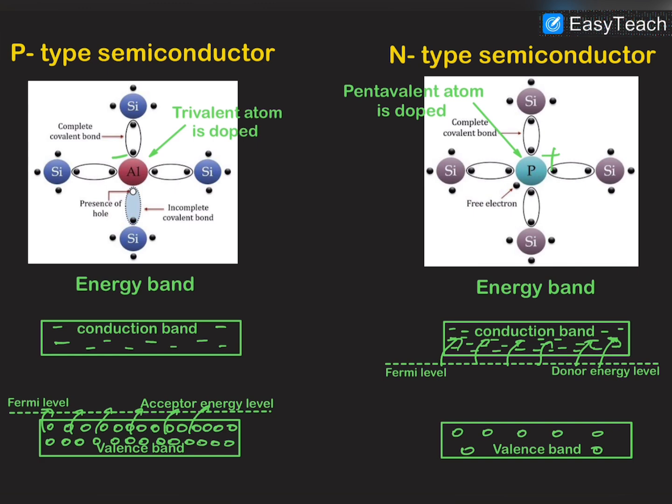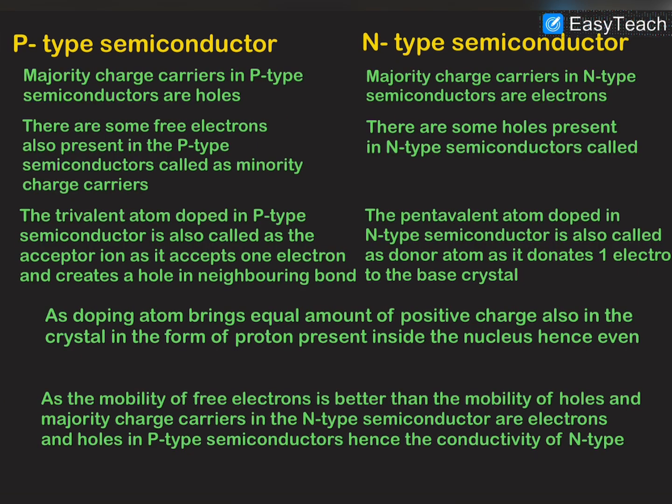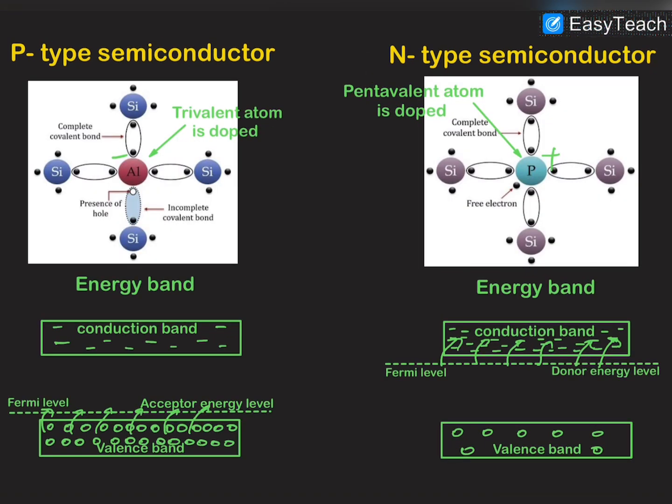And let me also tell you that in extrinsic semiconductors, when we dope the external impurity, the crystal does not become charged. Some students get confused by this name, thinking that P type semiconductor means positive type semiconductor, because it is a positively charged semiconductor.